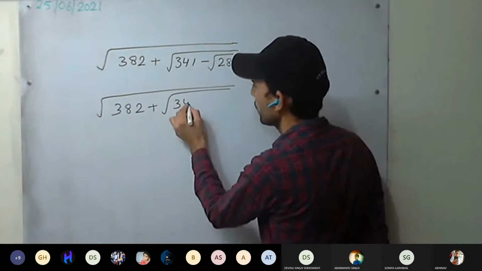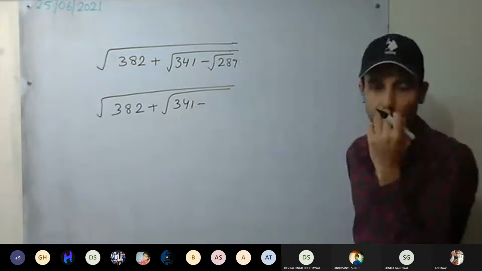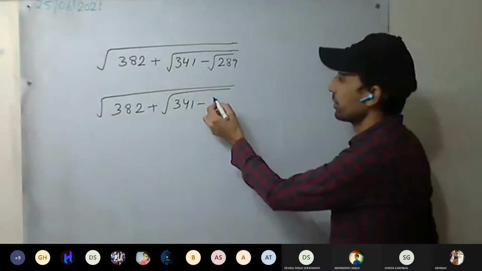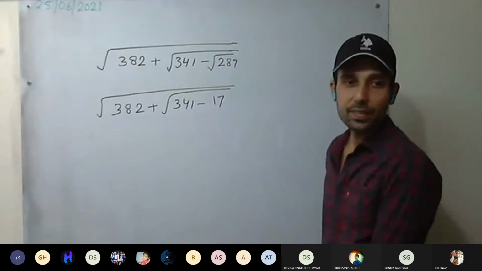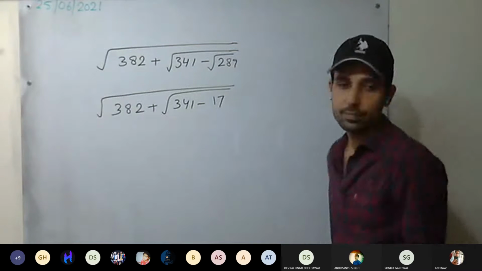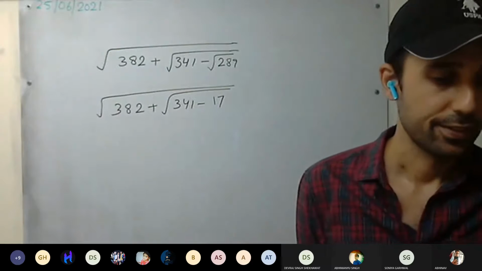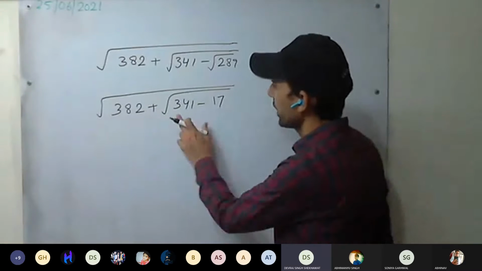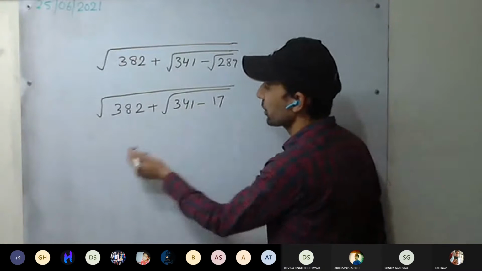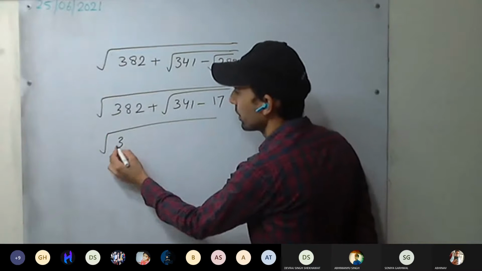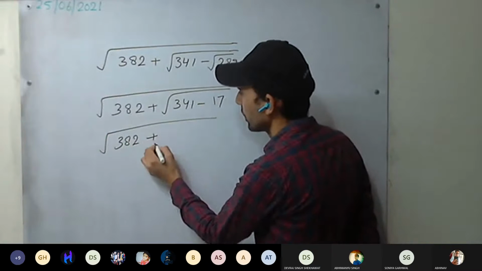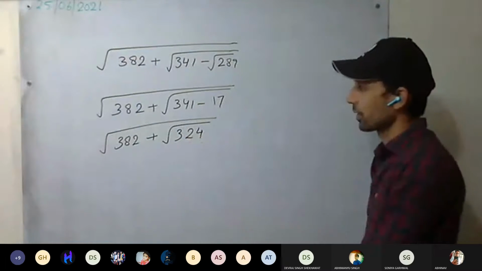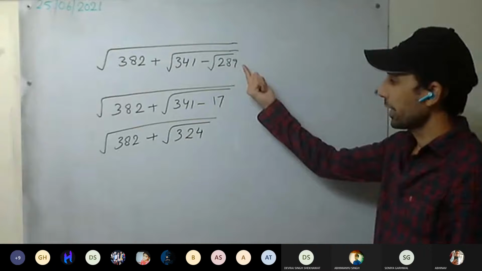Plus root of 341, and root of 289. How much will it be? 17. It will be 17, yes. Now solve this one. How much will it be? 324. 17 square is 289.